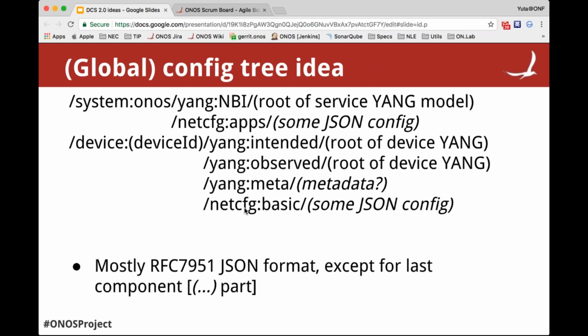And regarding the tree structure, I'm currently thinking about something like this. The first two components are the system defined portion of the tree. The device part is going to look pretty much similar to what we have today in DCS, with a device tree for each individual device, but I added one more layer in between so that we can have the intended store and what's the operational state on the device, and if you need to store metadata like timestamp and so on for RESTconf, we can do that.